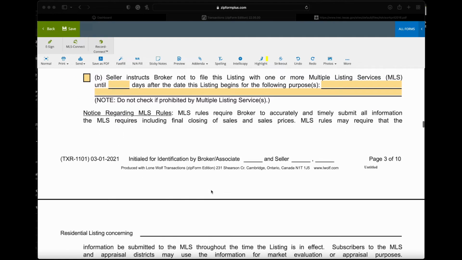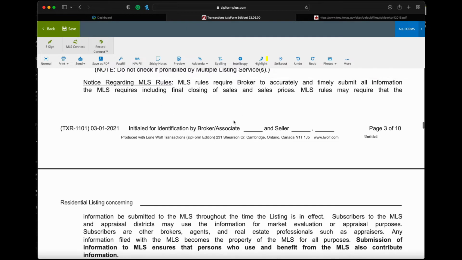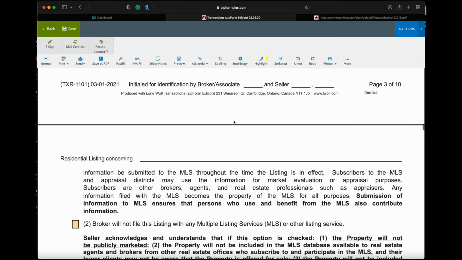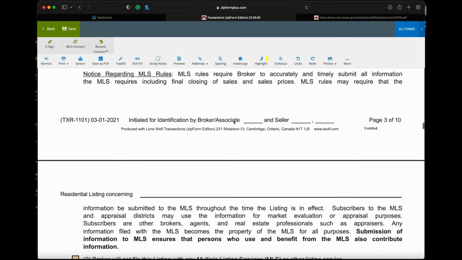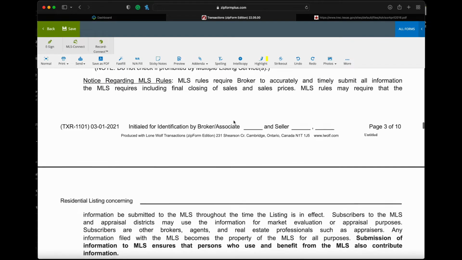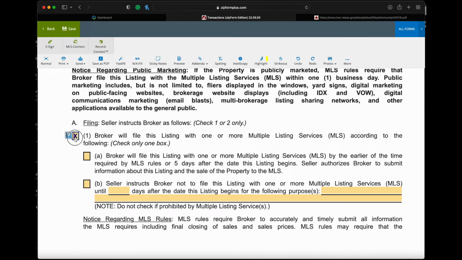All right, so this is also important. MLS requires that you accurately and timely submit all the information that MLS requires, which means upload it quick. Put your information in there. Don't wait two weeks or so to put it live after you already have your sign out there and have this agreed and checked, because it's a little bit deceptive.